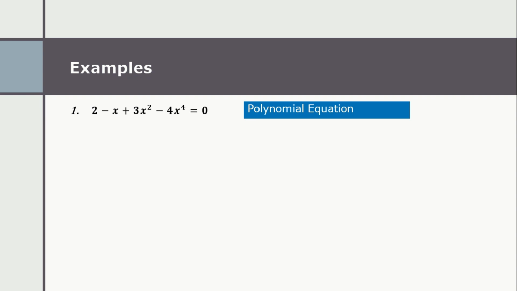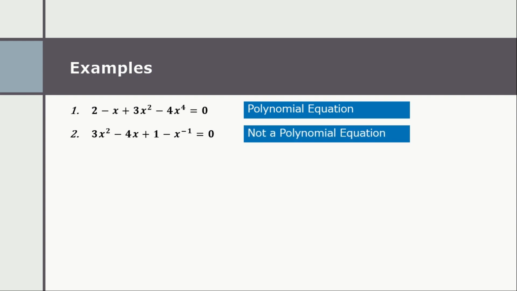Aside from the fact that it is equated to 0, it doesn't violate the definition of a polynomial. Example number 2. 3x raised to 2 minus 4x plus 1 minus x raised to negative 1 equals 0. This example is not a polynomial equation because it violates the definition of a polynomial. It has a negative exponent.